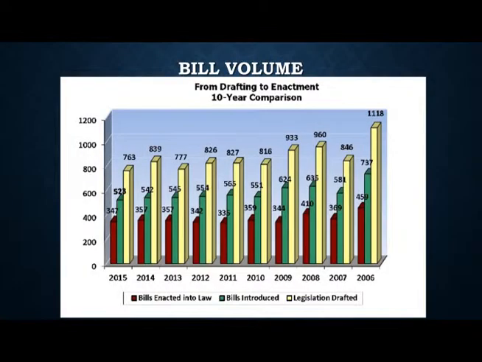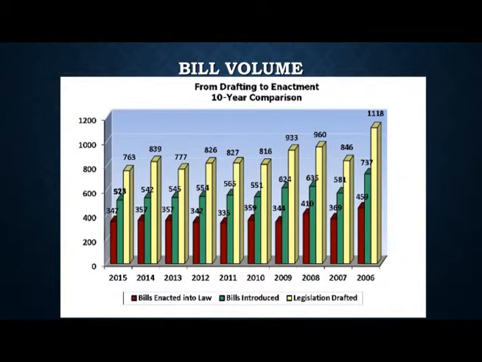Bill volume is another statistic that can give you some helpful gauges about the productivity of the legislature and how many bills are considered. And this slide shows the decline in bill volume from 2006 to 2015. Really, the peak was in 2006 when there were over 1,100 pieces of legislation that were drafted by the Legislative Services Office.